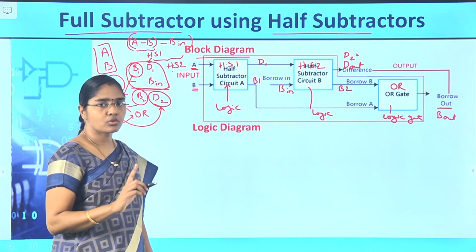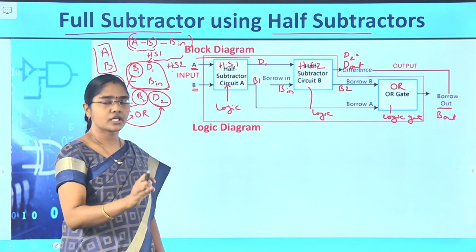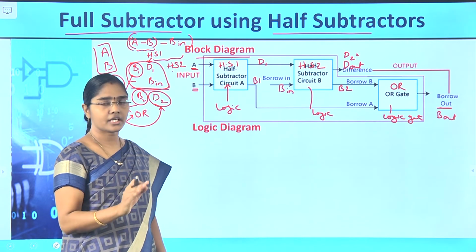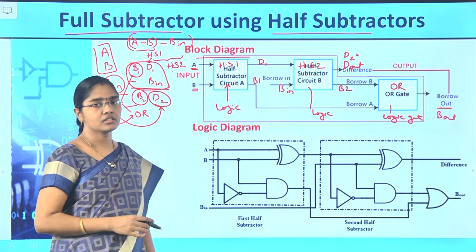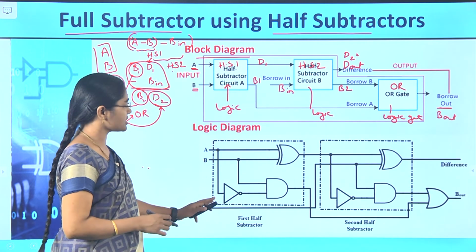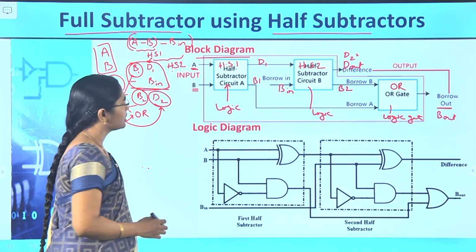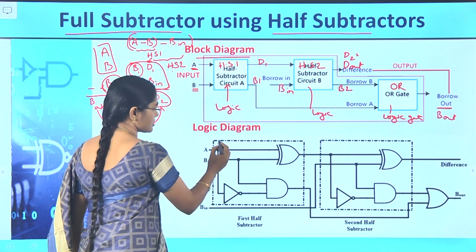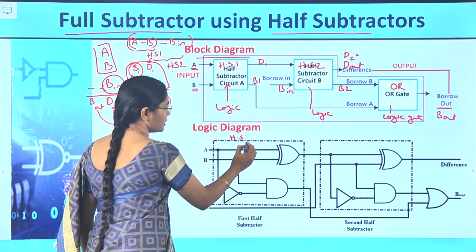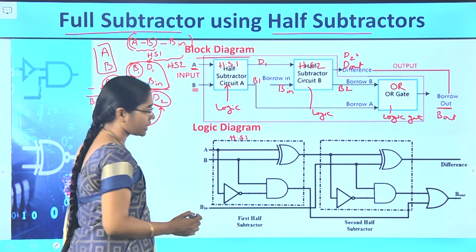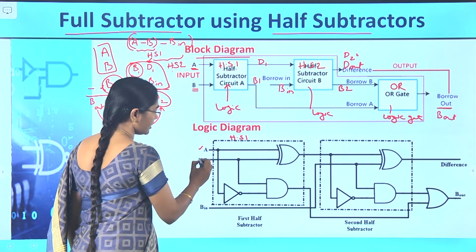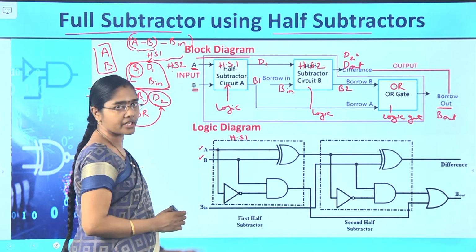One half subtractor uses one XOR gate, one AND gate and one NOT gate. So if those are replaced, see the logic diagram implementation. This is half subtractor 1, a total of one XOR gate, one AND gate and one NOT gate with inputs A and B.